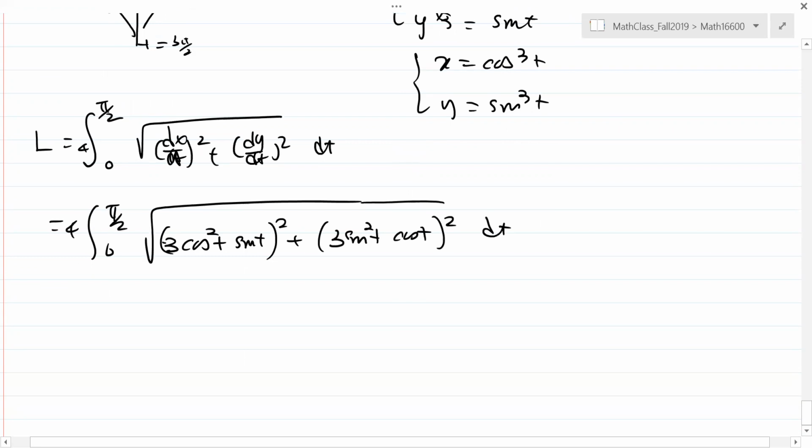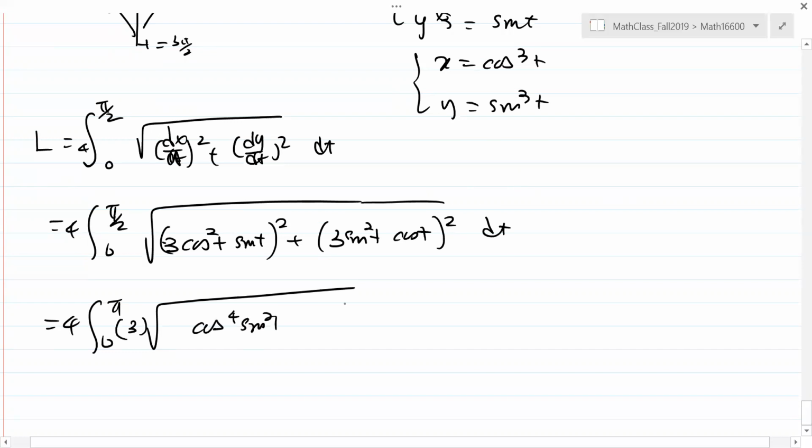And then you simplify. I think it's 3 squared, you can take it out, just 3, right? Cosine to the 4th power sine squared t, and here, sine to the 4th power cosine squared t.